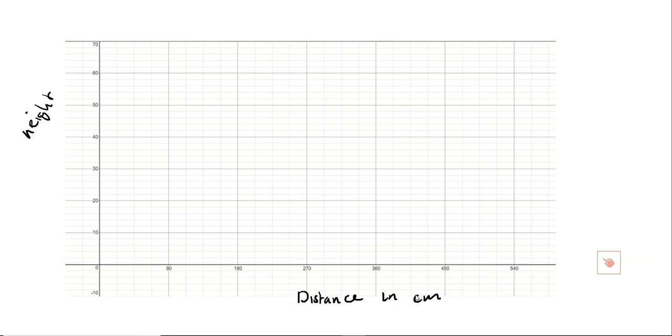So you'll notice how my graph now has much bigger numbers, and there is no negative, because height is not going to be negative. What would height be in centimetres also? It doesn't actually say, but I think the height would have to be in centimetres. Doesn't say on their grid.